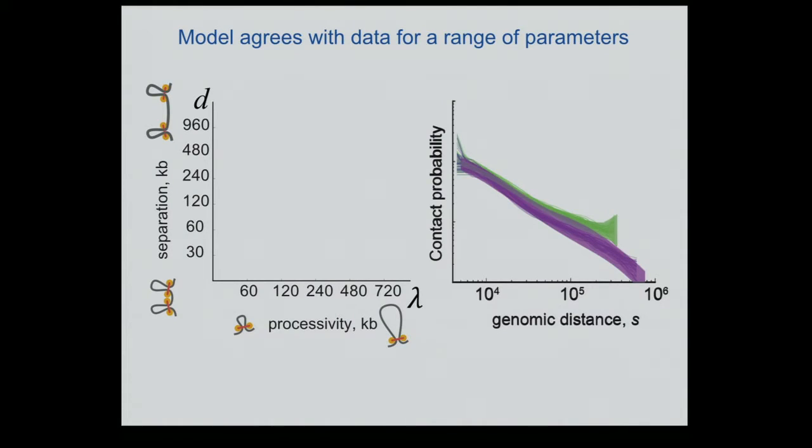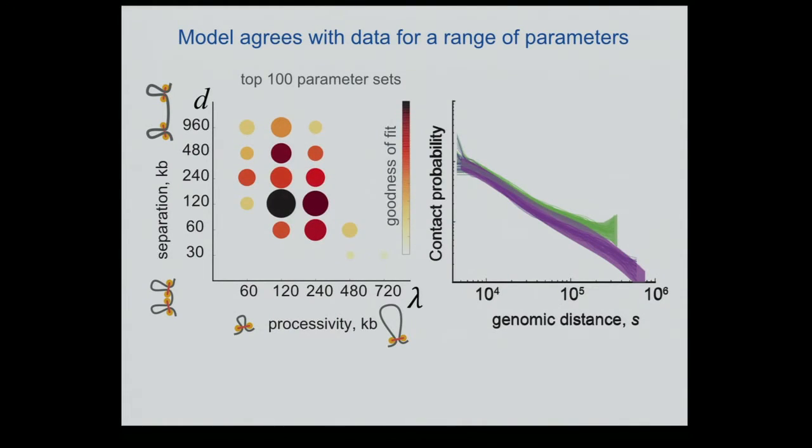And they all land somewhere in this range of linear separation and processivity. So the size of each circle tells me how many models land there, and the darkness tells me how good is the fit. And so we're talking about 100 to 200 kb loops separated, on the linear DNA, by 100 to 200 kb.